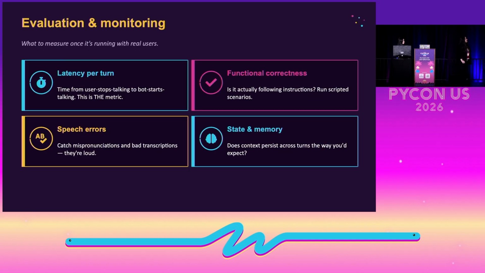And then in the case of voice AI agents, you can have them detect speech errors or pronunciation errors. There are some models that give you these capabilities. And also, you need to manage all the context and the memory.